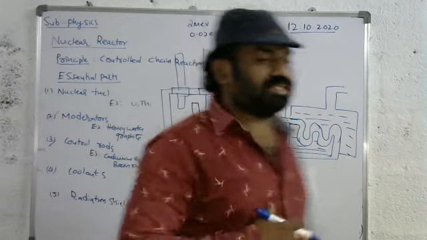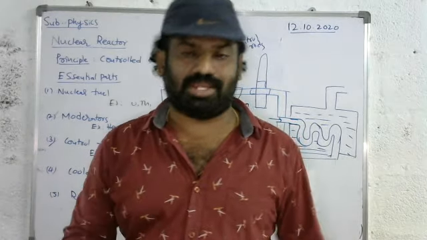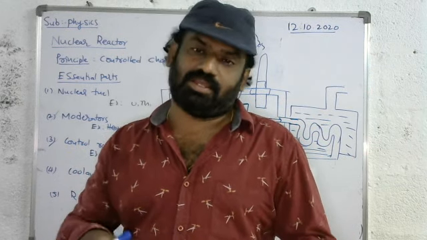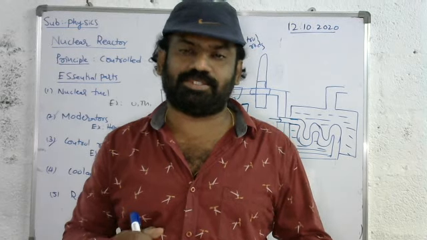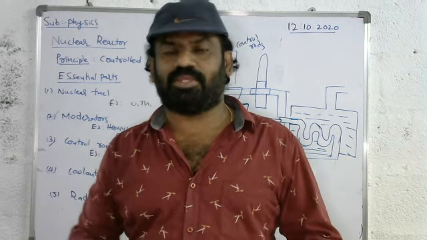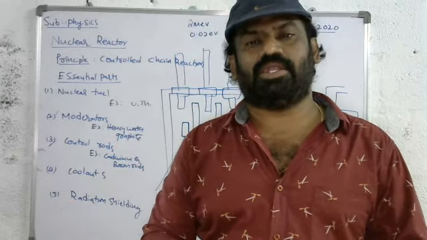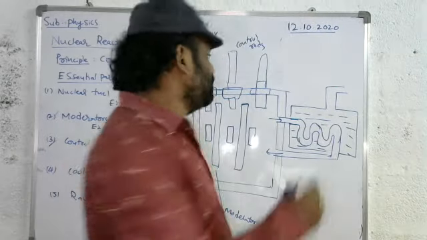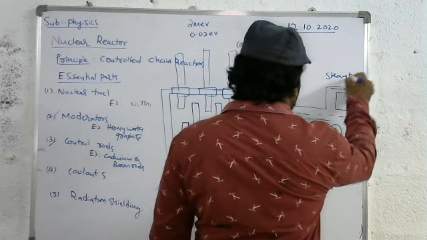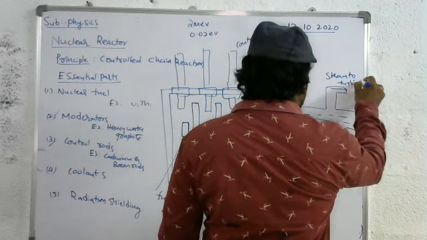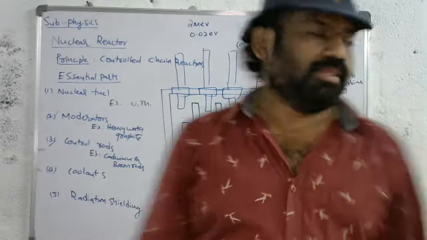Coolants are the substances which are used to cool down the heating elements in the nuclear reactor. When the coolants pass through the reactor heating elements, they take up the heat and produce steam. That steam is used to rotate the turbine.